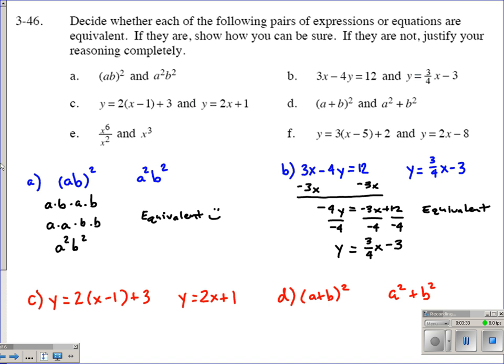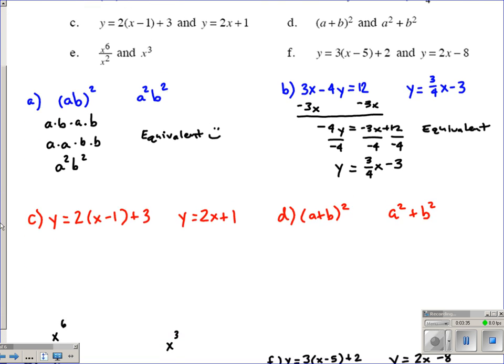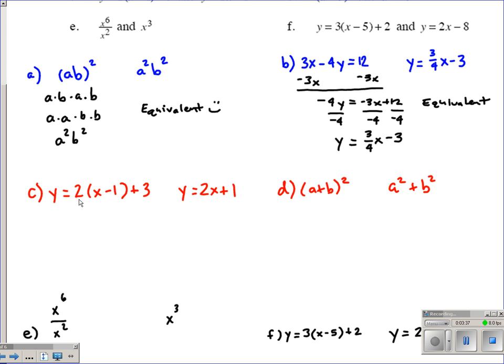Looking at C. C starts with the equation y equals 2 times the quantity x minus 1, and then we're adding 3. We're trying to justify whether or not this is equivalent to y equals 2x plus 1. So let's try to simplify our equation on the left. We have y equals 2 times x would be 2x. Remember, we've got to distribute it through.